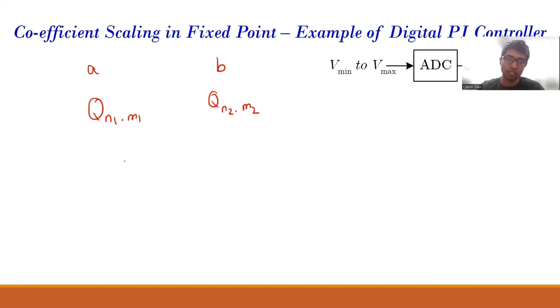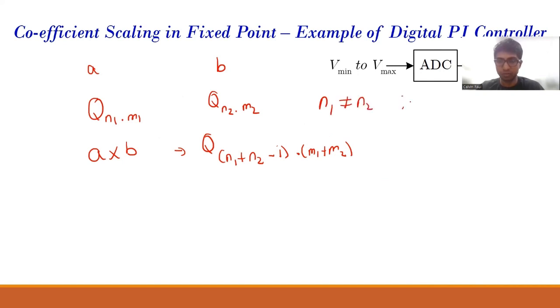First, I will talk about multiplication. For A cross B, the new resultant number will be of the form Q(n1 plus n2 minus 1).(m1 plus m2). Okay, this is for multiplication. In multiplication, it is not required that n1 should equal n2 or m1 should equal m2.